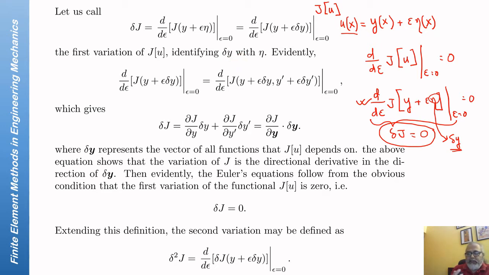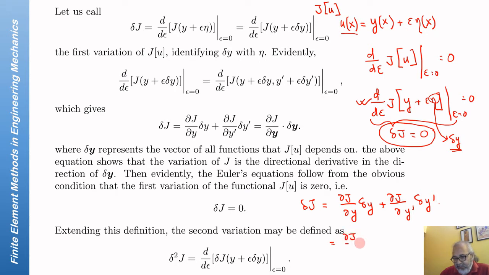Now, delta J, we have already seen, is a function of y and a function of y prime, so we had earlier written this as del J del y eta plus del J del y prime eta prime.